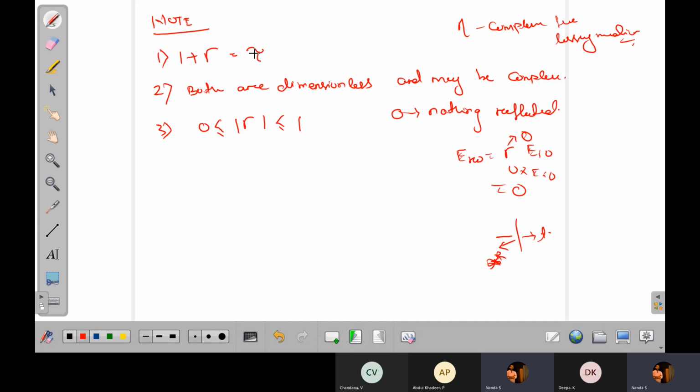So ET0 equals transmission coefficient into EI0, and if this equals 1, that means everything is transmitted. The transmitted electric field will be equal to your incident electric field, so all the waves will be transmitted. This is how the relation works.